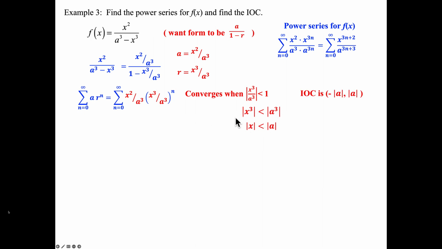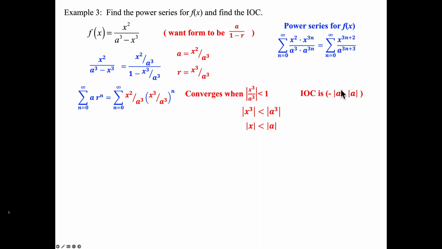And so now my x, again, would be a negative absolute value of a. Again, I'm going to keep the bars around the absolute value of a because I don't know whether a is positive or negative to start off with. So in my interval of convergence, we don't want to put -a, comma a, because if a happened to be negative, we would simplify that: you'd have a positive a on the left of your interval and a negative a on the right.